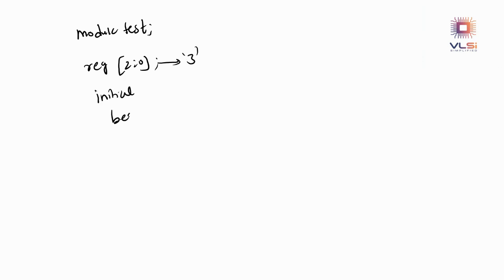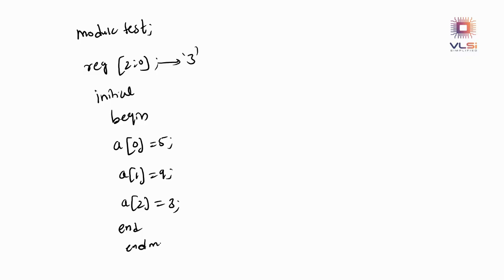Initial begin, a[0] equal to 5, a[1] equal to 9, and a[2] equal to 3, end, endmodule.